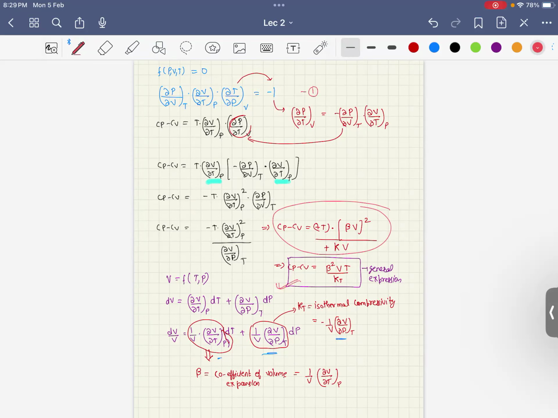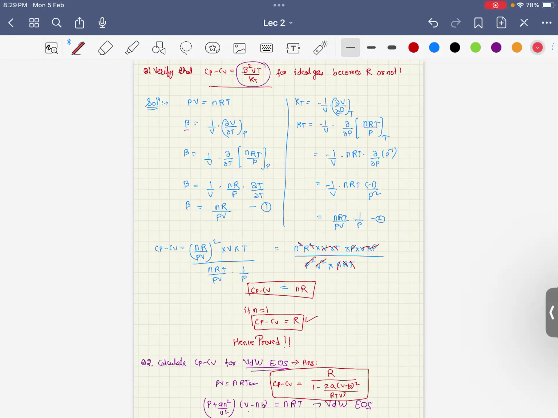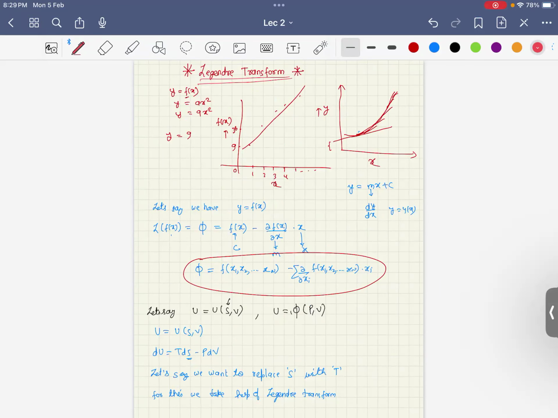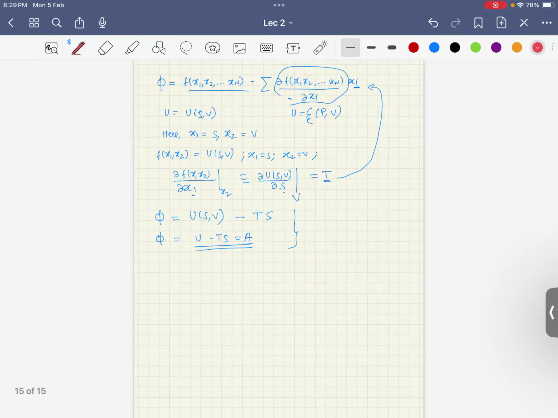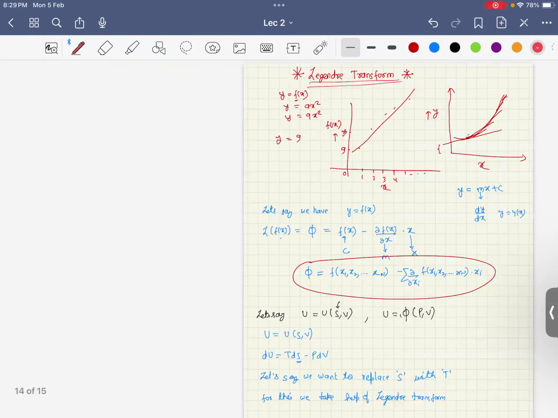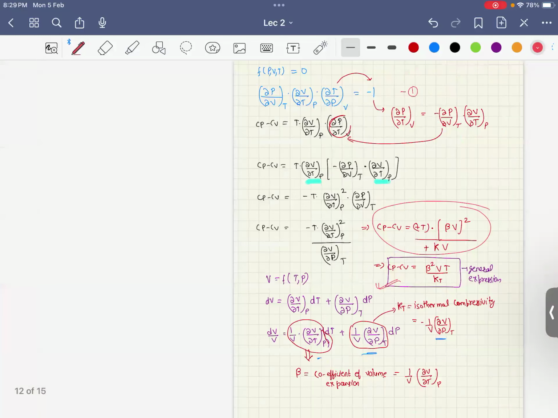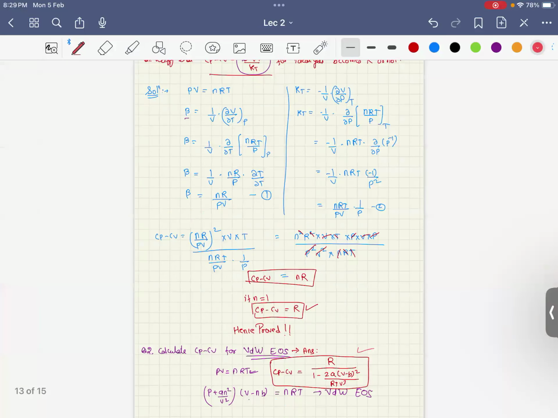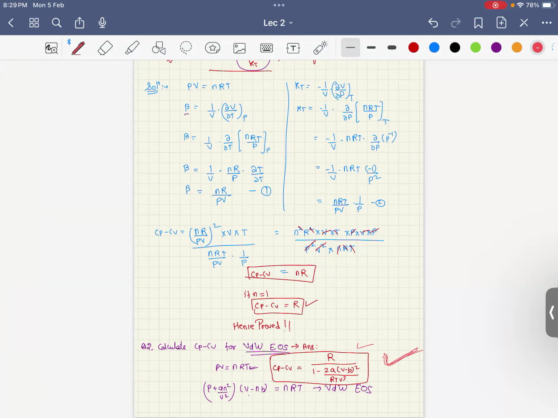And now with this expression, we can find for any equation of state what is Cp minus Cv. At the end we also learned Legendre transform, but we will discuss this Legendre transform again in the next class also. So what you do is try to practice this again and again, 2-3 times, and try to get this answer. And then we will discuss next week whether you have any difficulty in solving this.